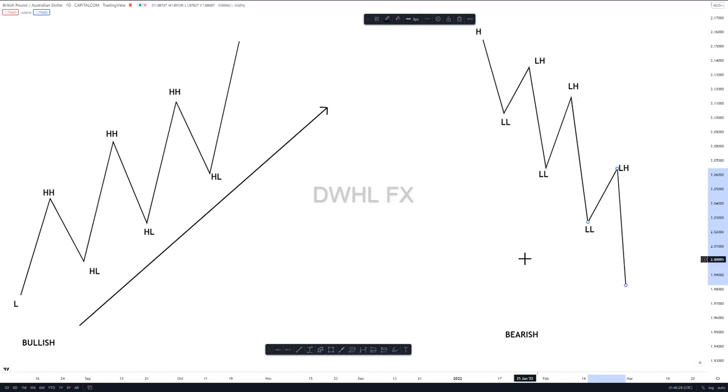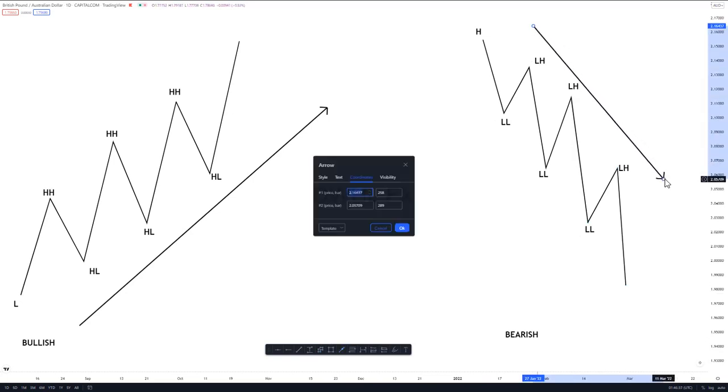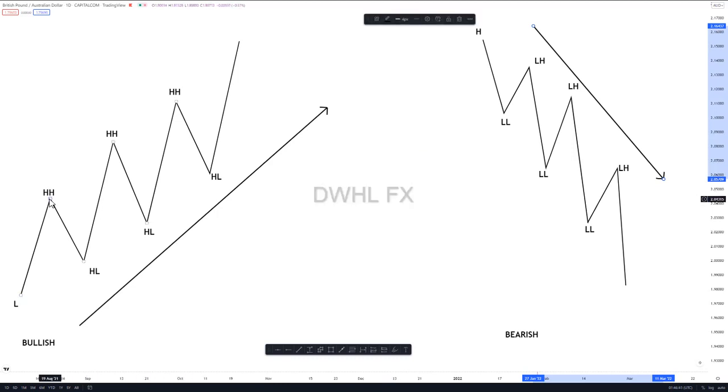So because of all this, we never chase the market. Why? Because we understand that anytime a higher low is created, we know definitely market will create a higher high.